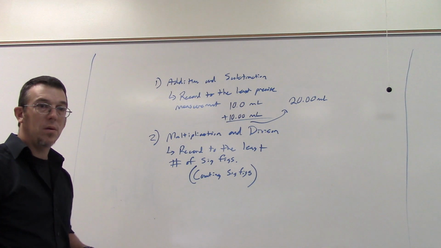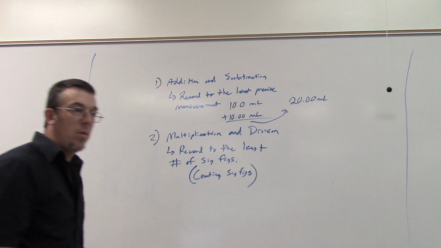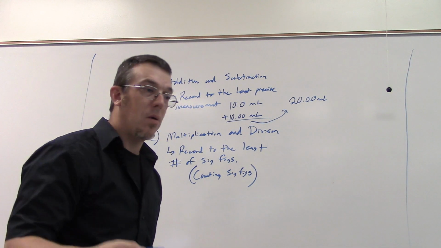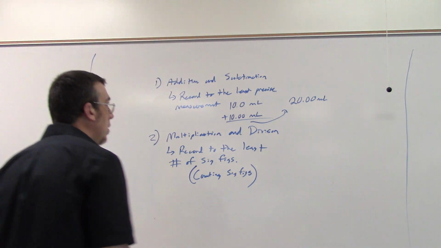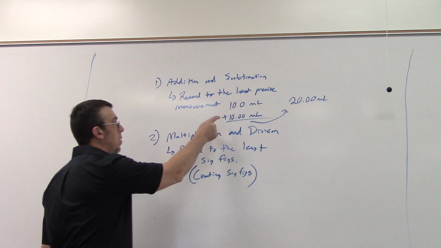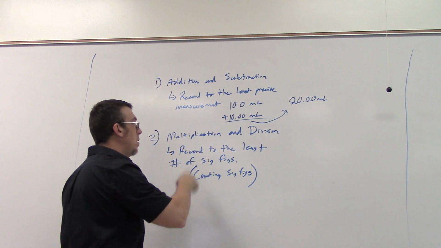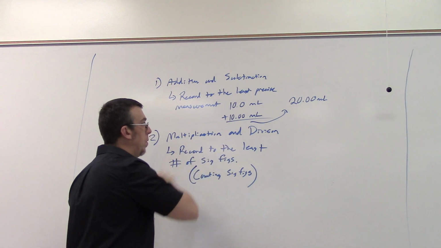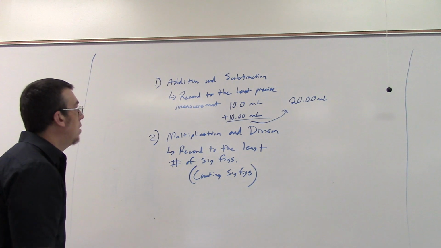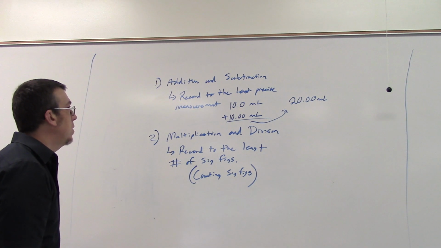But that's easy. So doing the math is not a big deal, because all you have to do is take your calculator and add it together or multiply, whatever the case is. So what we have to pay attention to is what operation we're doing. So whether we're doing addition, subtraction, or multiplication, division. This one is we're doing the addition, and so we record to the least precise measurement.